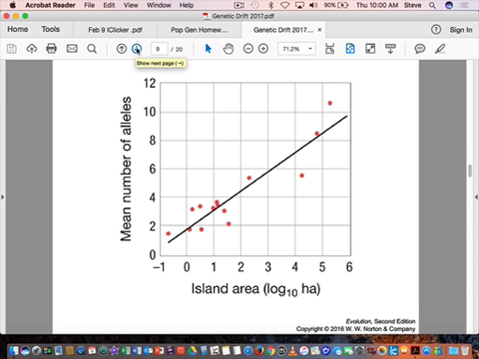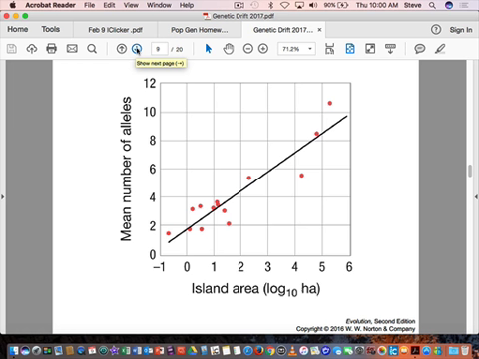So which one's Isla Santa Cruz, do you think? It's probably that one. I think it's the biggest island. Here's some of the smaller islands. Which one has greater genetic diversity as measured by the mean number of alleles? What do you see? What's the pattern here?